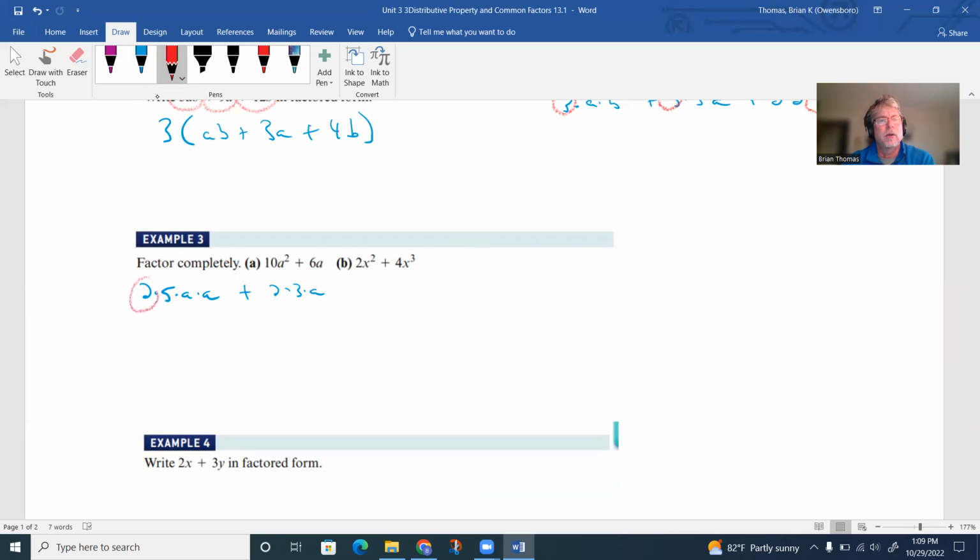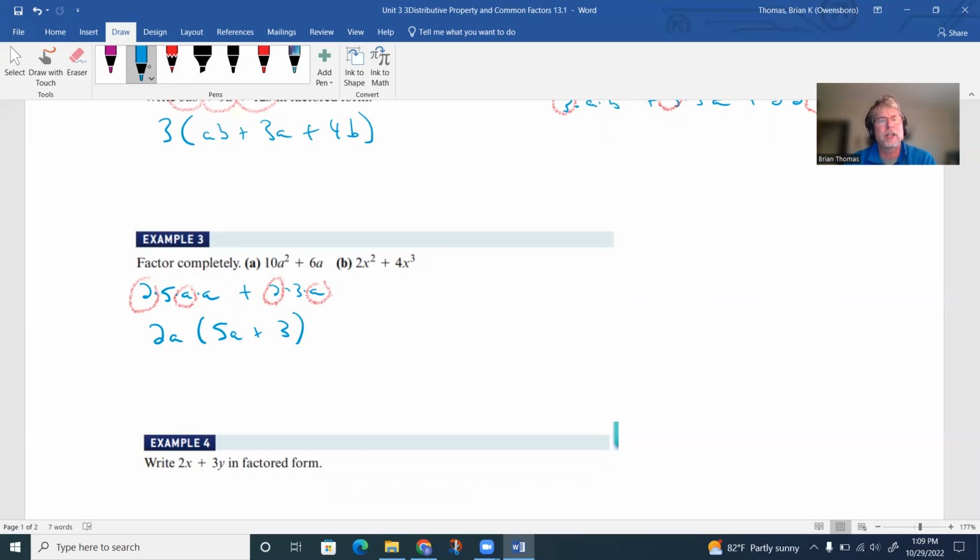We see that there is a 2 in common, and there's also an a in common. So there's a common factor of a 2 and an a. So that 2a will come out, that common factor comes out, and then the remaining factors stay inside. So that 5a remains inside, plus then just the 3. And that would be considered what we call factored form.